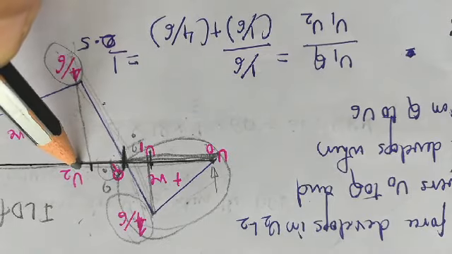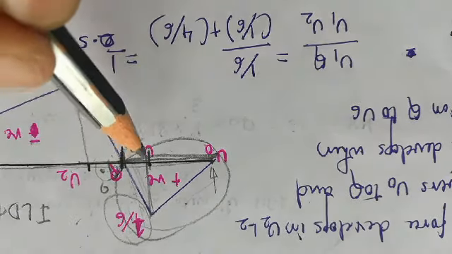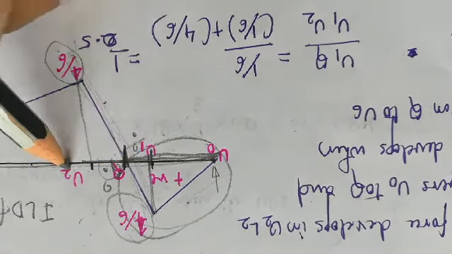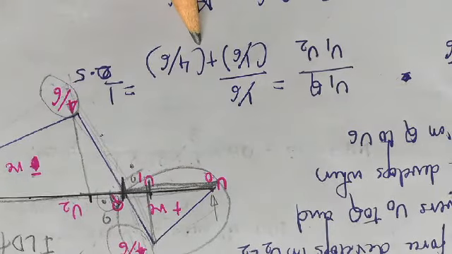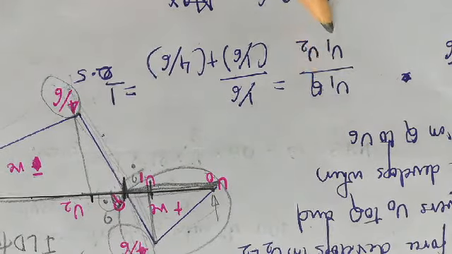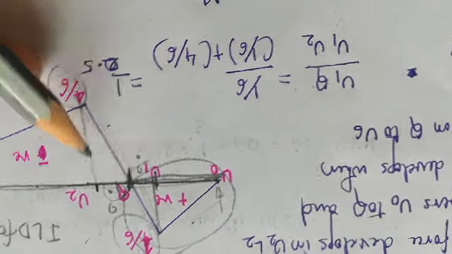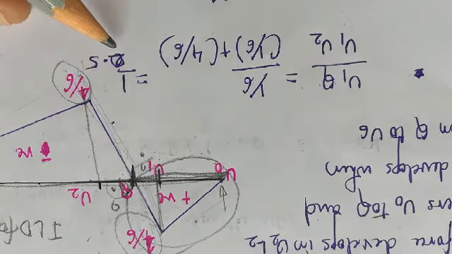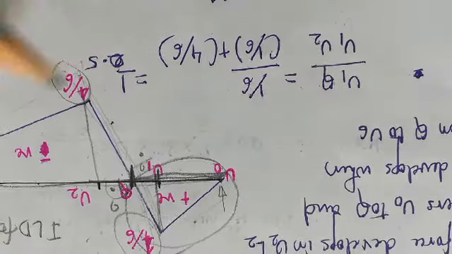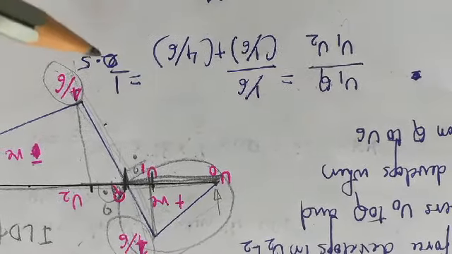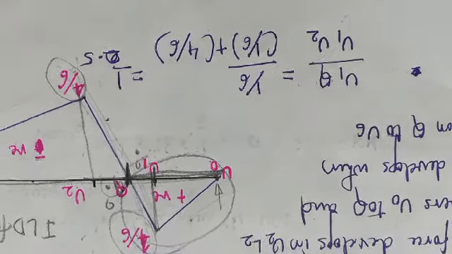How do you get U1 U2? By adding U1 Q and Q U2. So I have done the addition here and I got the ratio of U1 Q to U1 U2 as 1 divided by 5.